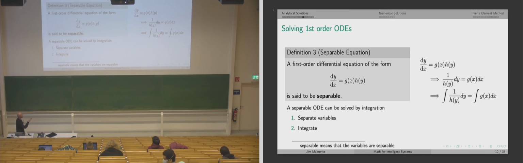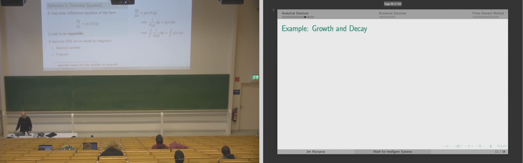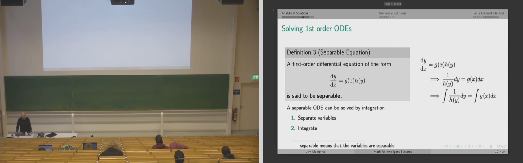You have dx, dy, you put all the dependent variable on the left side, the independent variable on the right side. You integrate, and you get your solution. Okay? So that's separable equations of the first order. It can only get us so far, right?